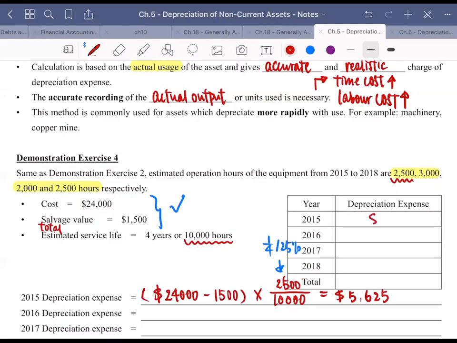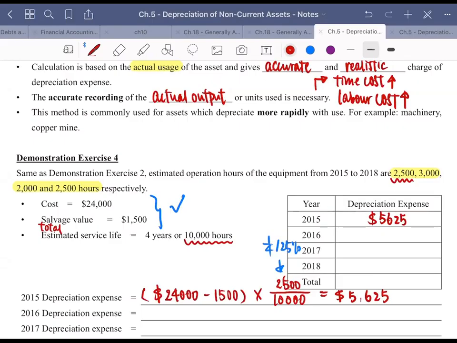You can see that this amount is the same as the straight line method if we are calculating in the first year. However, in the second year and in the third year, their number of hours used are different. So we're going to calculate a different amount for the depreciation in 2016 and 2017.